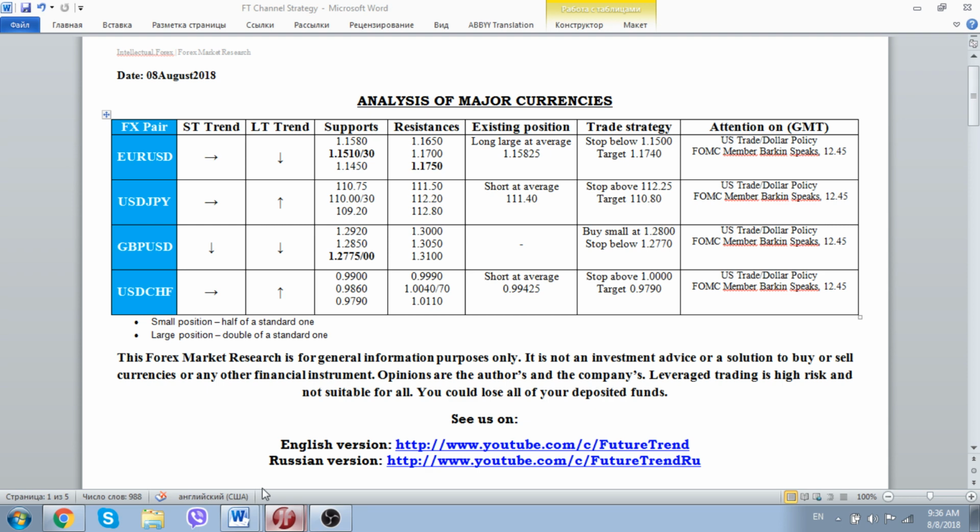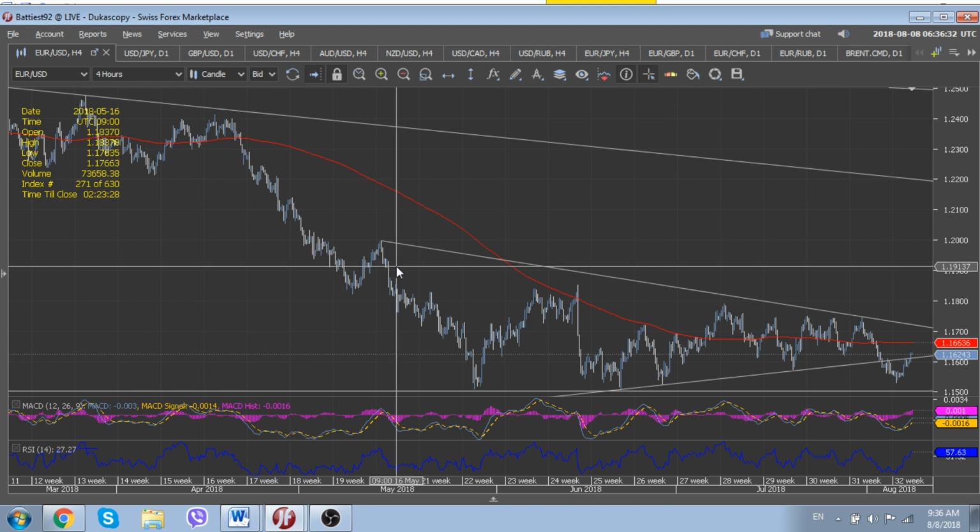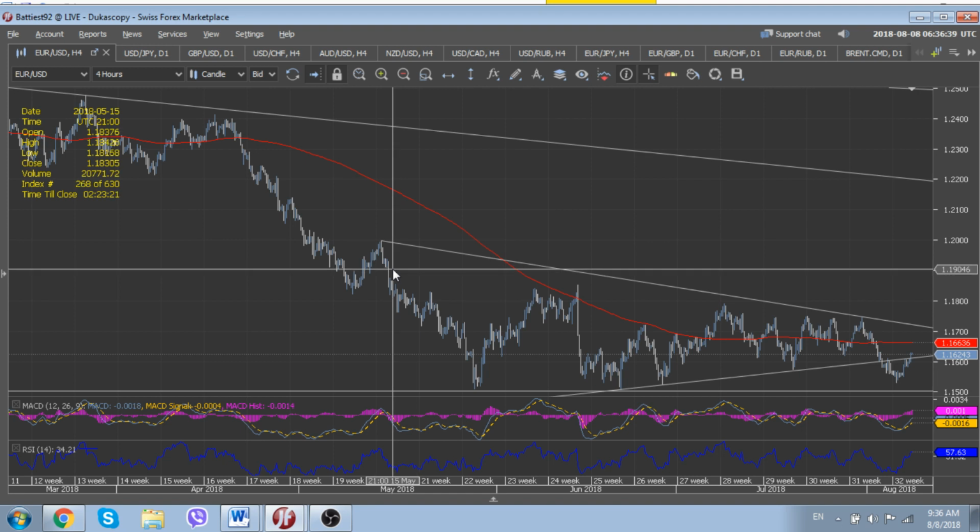The low was printed around 115.30. Now the market is trading around 116.30. That means that we formed a kind of multiple bottom against the level of 115, and while the euro dollar is trading above that trend line, it will be ripe for a possible rebound.